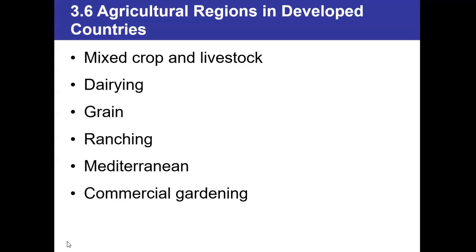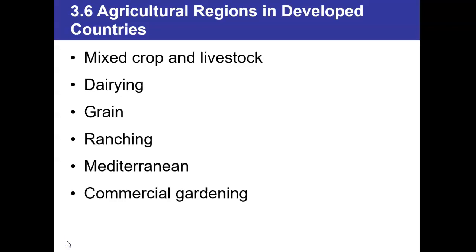Mediterranean agriculture exists primarily on the lands that border the Mediterranean Sea in southern Europe, North Africa, and Western Asia. Farmers in California, central Chile, and the southwestern part of South Africa and southwestern Australia also practice Mediterranean agriculture as well. Even though this land is not surrounding the Mediterranean, the climate is very similar.